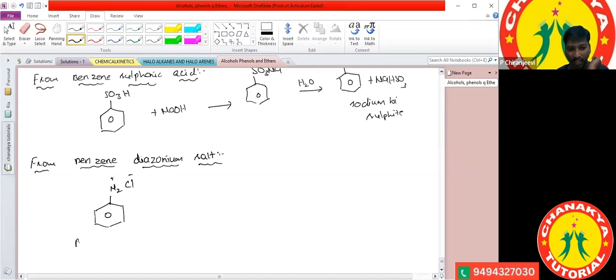This we call benzene diazonium chloride. Now, how are you going to prepare benzene diazonium chloride? We have some name reactions. Where did we study this reaction? In the haloarenes chapter, preparation of haloarenes. Haloarenes are also prepared from benzene diazonium salt. So how do we prepare benzene diazonium salt, and what is the name of the reaction? That is my question. Any one of you?